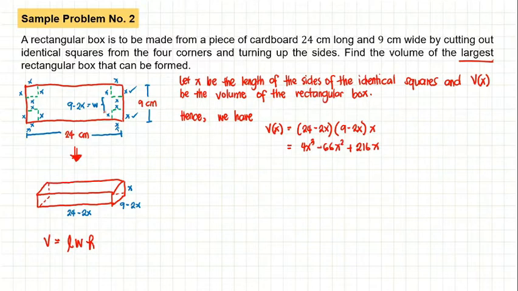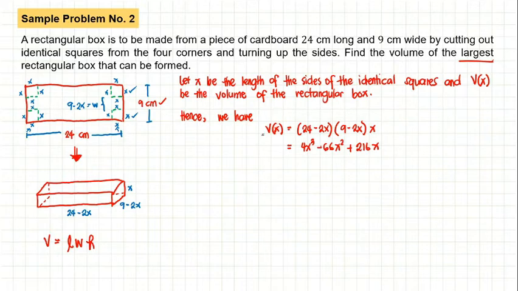Since the width is less than our length here, we are restricted by the value of our width. To be able to cut out four squares, we need to know how tall our x can be.